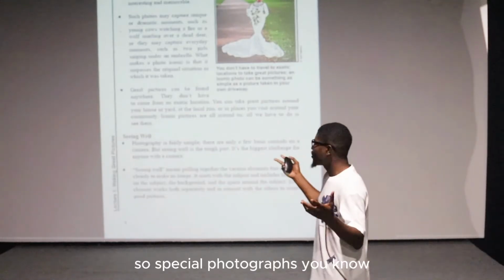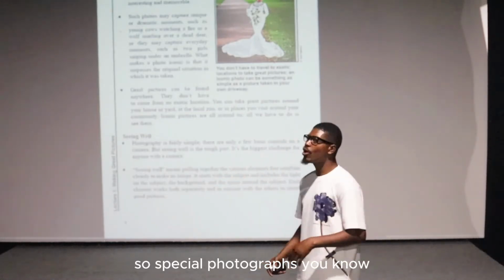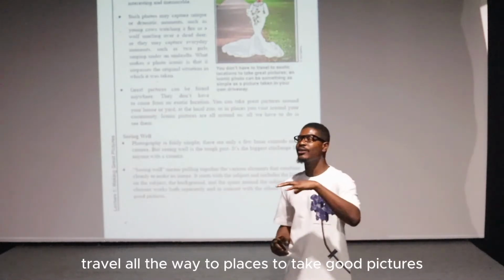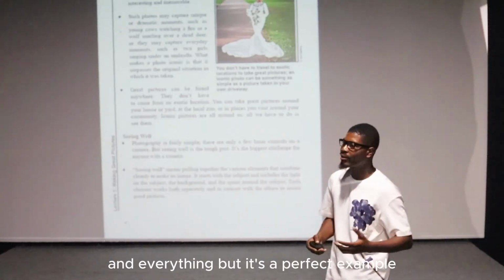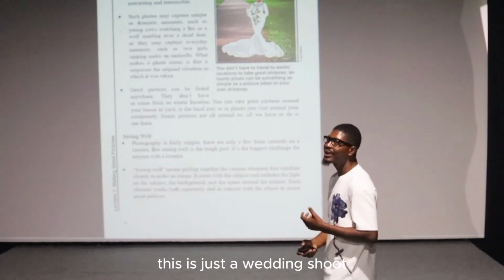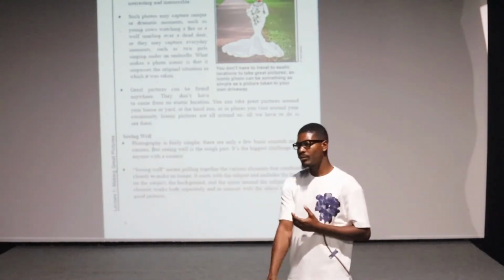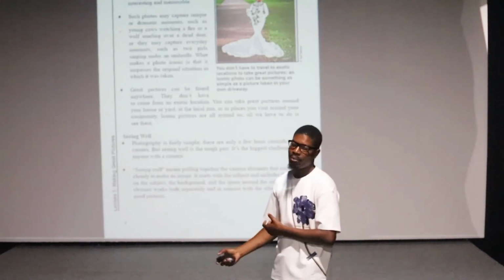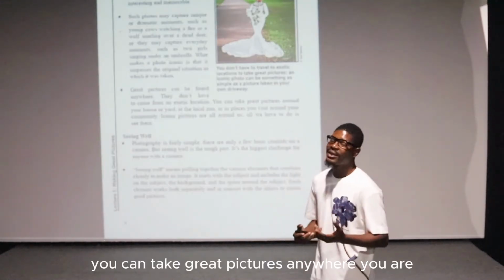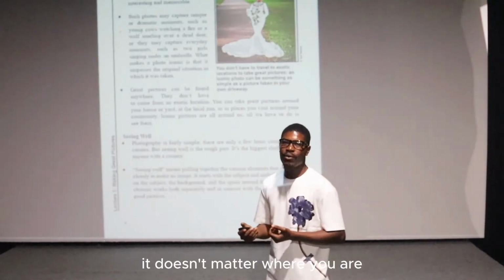So, special photographs. You know, people say you have to travel all the way to places to take good pictures, but this is a perfect example. This is just a wedding shoot shot right beside the road, closer to your house. You can take great pictures anywhere you are. It doesn't matter where you are.